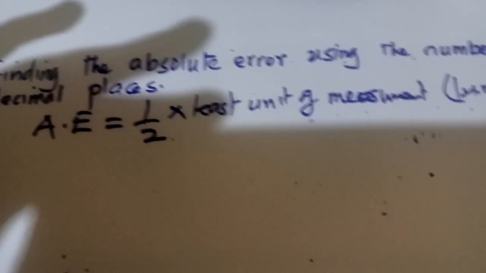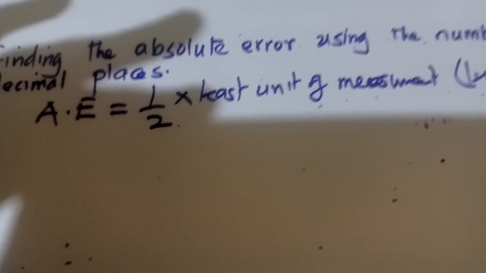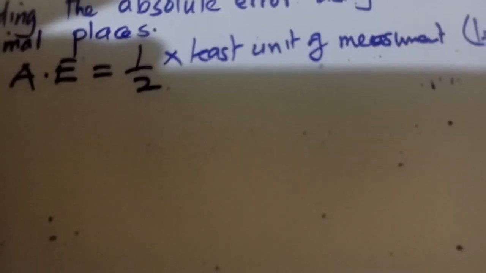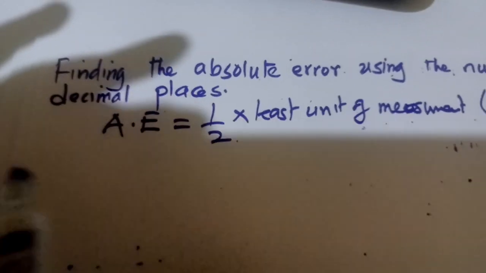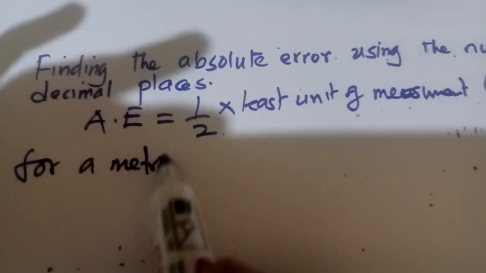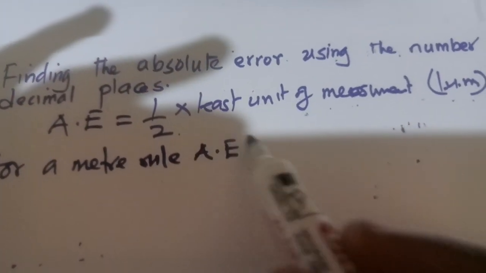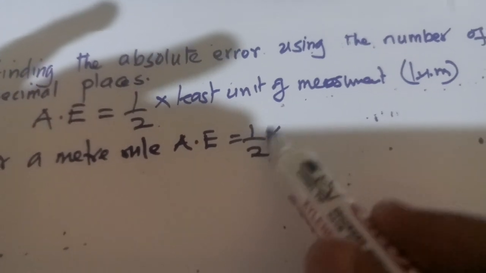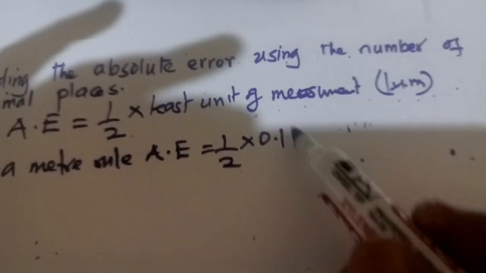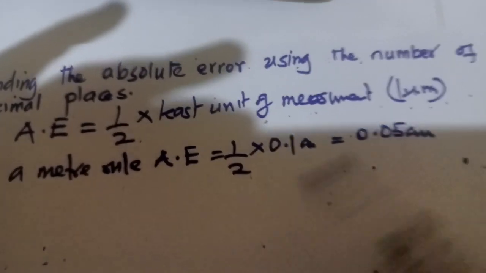For instance, if you are using a meter rule or a ruler, the smallest length that you can get from a rule is 1 millimeter, which is 0.1 centimeter. So in that case, the absolute error for a meter rule or even a ruler will be a half of the least unit of measurement, which is 0.1 centimeter, and that would give you 0.05 centimeters as being the absolute error.